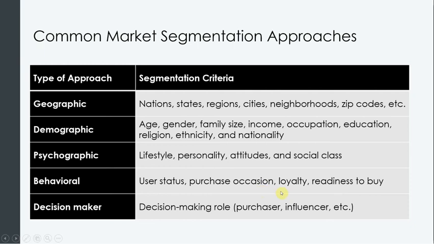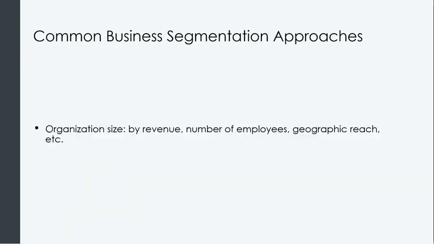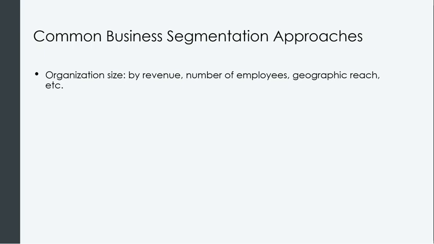Some products also depend on loyalty and readiness to buy, or on the decision maker's role, for example, the purchaser, influencer, etc. Sometimes the organization size plays a great role, by revenue, number of employees, geographical region, etc.